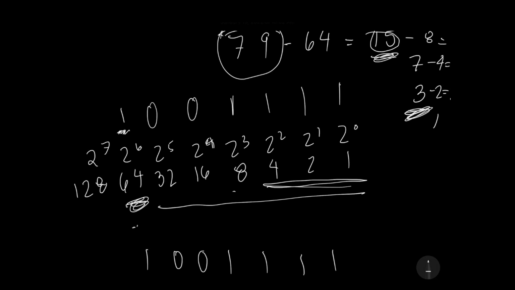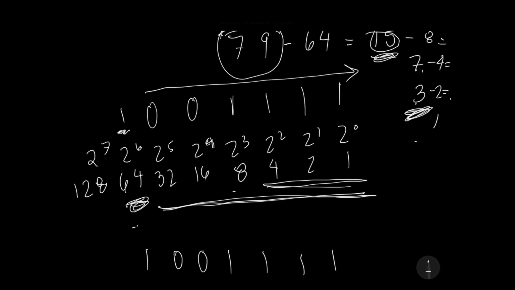Okay. And then using these remaining values right here, we tried to add up to 15. And then we moved down, we moved in this direction until we pretty much got a bunch of binary numbers that would add up to 79.